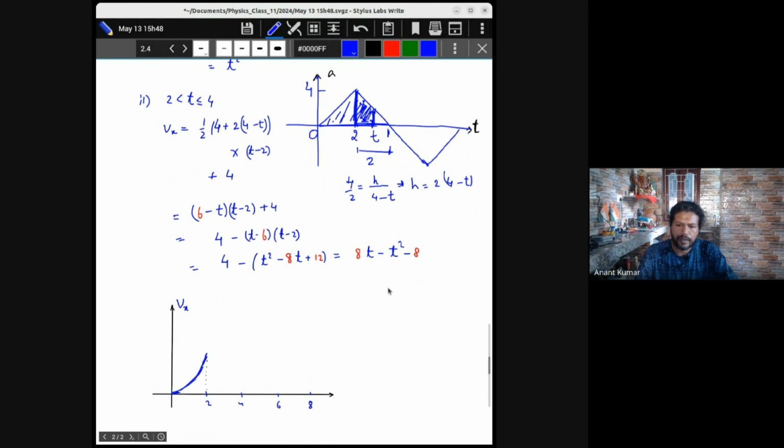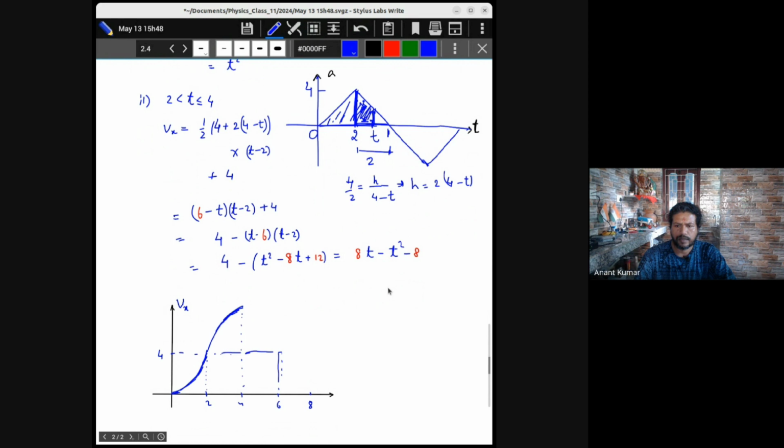But then after 2 seconds we actually get a parabola which is opening downwards. And we have also seen that at t equal to 4 seconds the velocity has become 8, which is basically double, and because it is a downward opening parabola the shape goes like this, it just curves. Afterwards, because the graph is symmetrical for the acceleration, it will be symmetrical for the velocity as well.